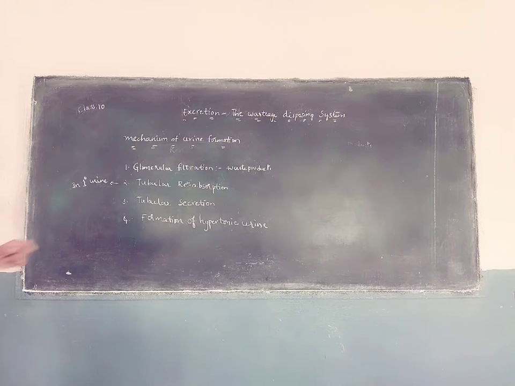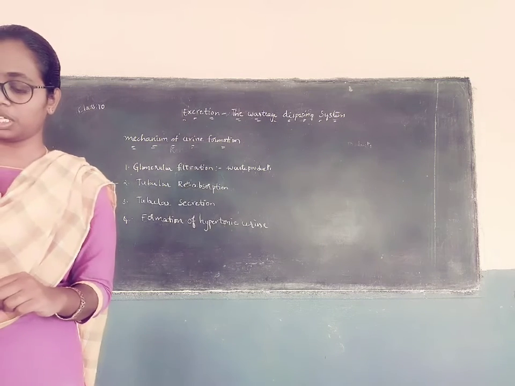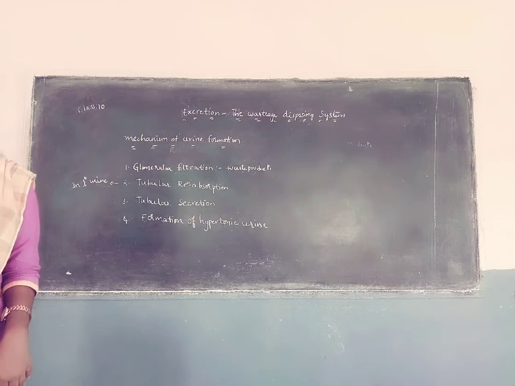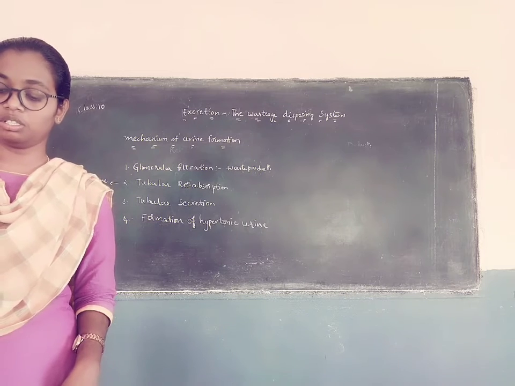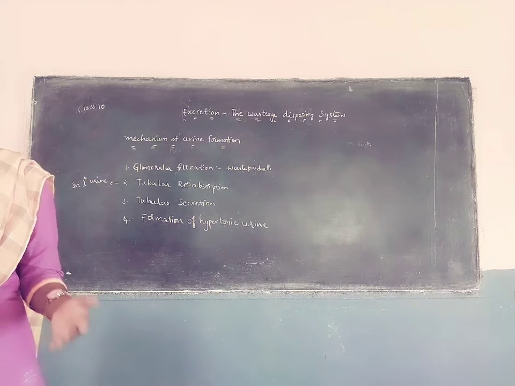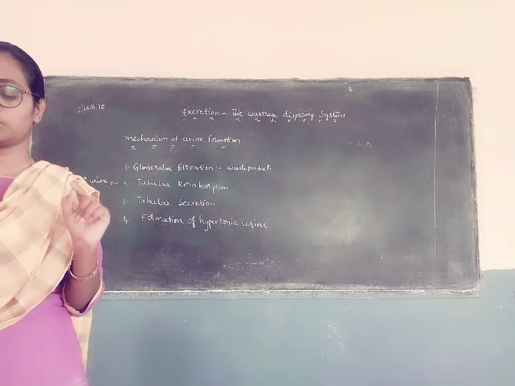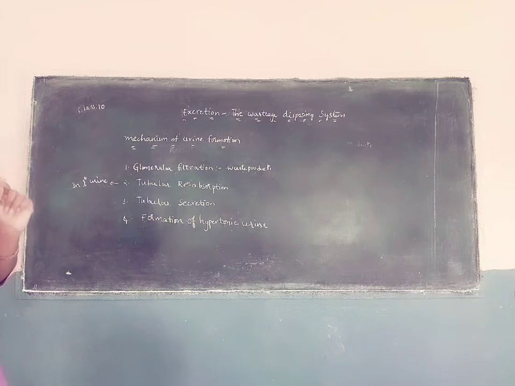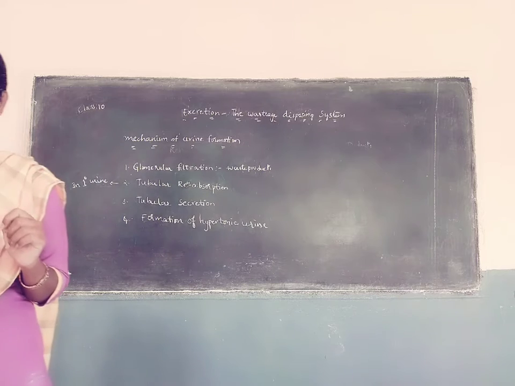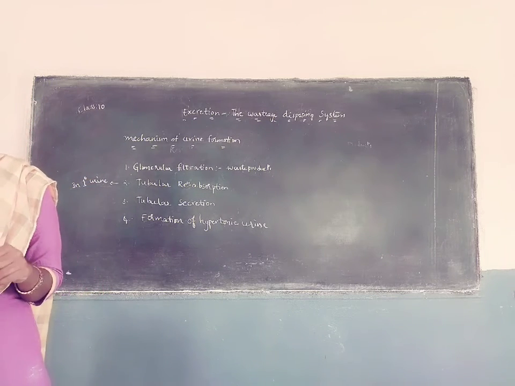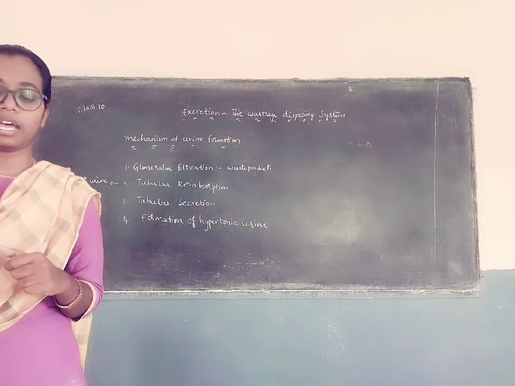Next one is tubular secretion. It is the active secretion of waste products by blood capillaries into the urinary tubule. It ensures removal of all the waste products from blood, that is urea, uric acid and creatinine, and salt ions like potassium, sodium and hydrogen.